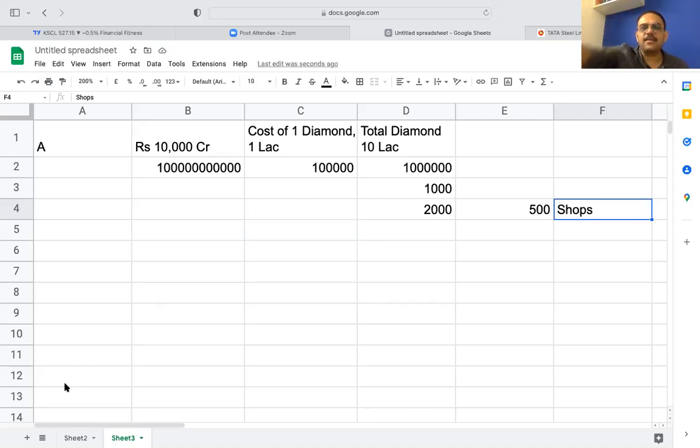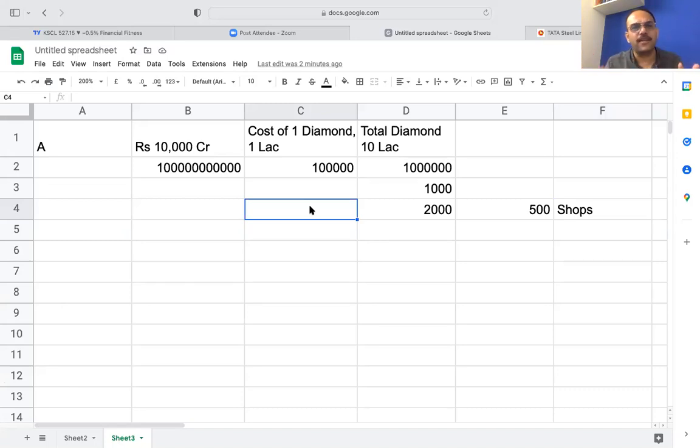Do you think the remaining shop owners will still be selling the diamond at 1 lakh rupees, or will they think, boss, something is going on, why is this fellow buying so many diamonds? Will they give it for 1 lakh, or will they increase the price? They might not know what is going to happen.